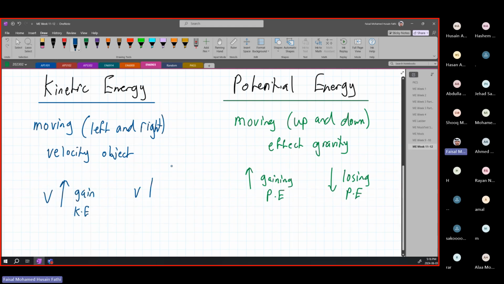And when velocity is going down, you are losing kinetic energy. Left and right just depends on the direction that you are assuming for where your positive and negative is, but that's not going to be too much of a big deal. The idea is as you are gaining more velocity, you're going to have a higher kinetic energy. And if you're losing velocity, you are losing kinetic energy, it will become lower. So why is this dependent on the gravity and why is this dependent on velocity? We're going to look at that in a bit.